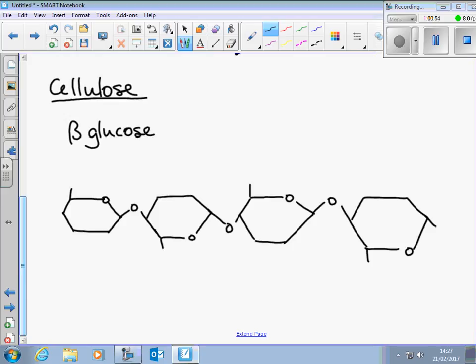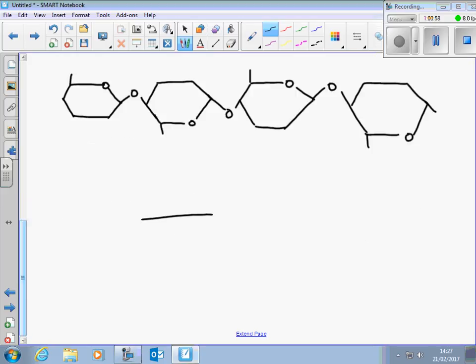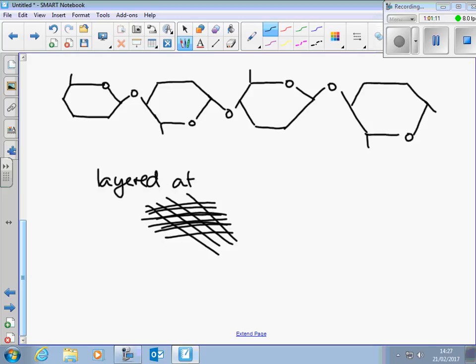When cellulose is laid down in plant cell walls, you get layers that go at right angles to each other. So we've got this very resistant fibrous material that is waterproof and hard to digest.